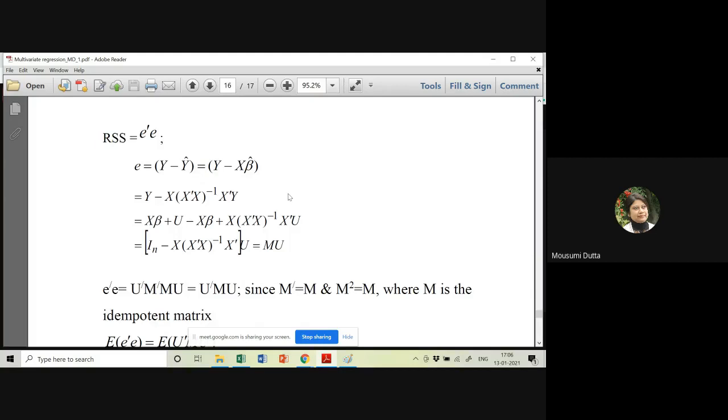If I write the term in that way, please write it in your copy: x, x prime x inverse, x prime x beta. You will find that x prime x will be adjusted with this x prime x inverse, and you will get x into beta only.